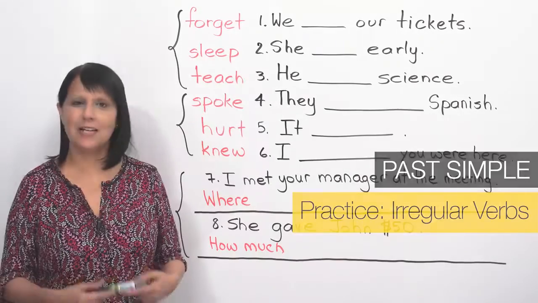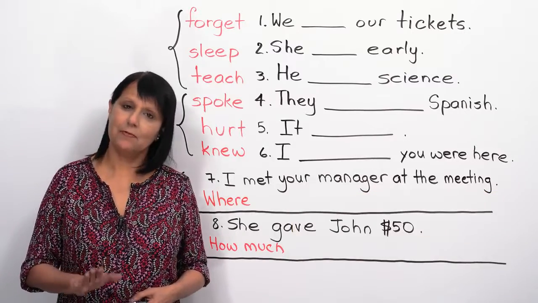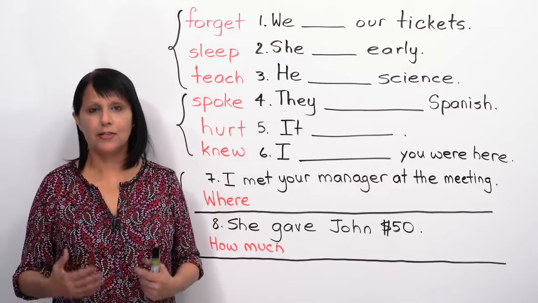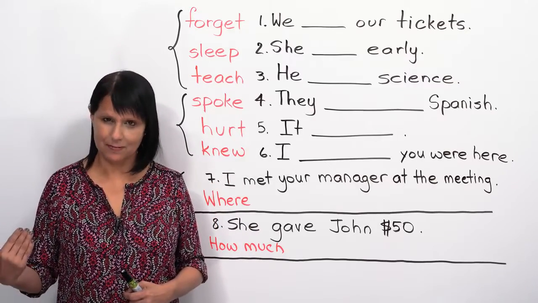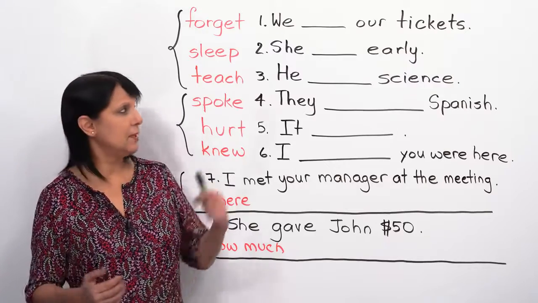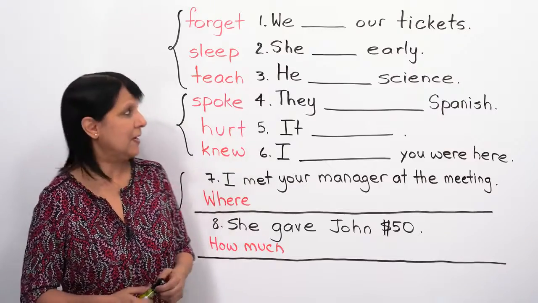All right? Now let's do some practice with the irregular verbs. Now, I realize that you might not know all the answers here unless you have heard these verbs before, okay? But don't worry, we'll do it together. If you know them, you can help me to fill them out, and otherwise just follow along, all right?